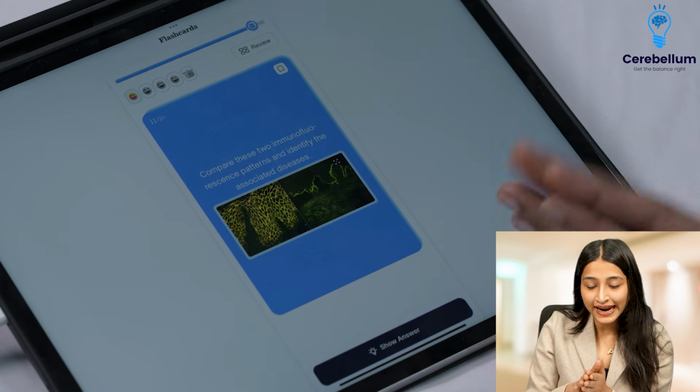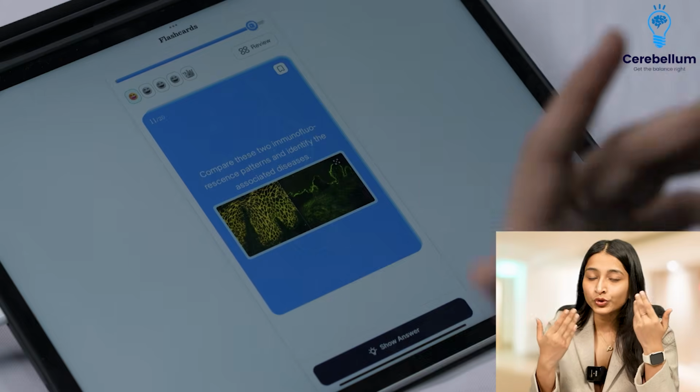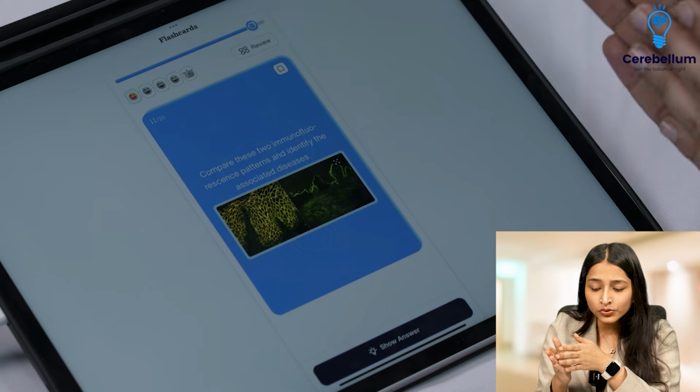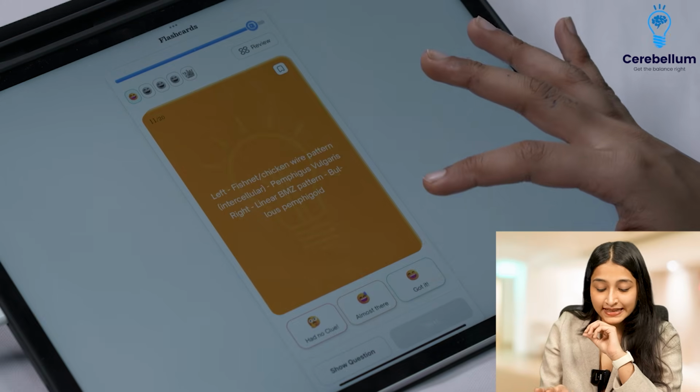Now as we move to the end, the flashcard which I've gotten just once correct will be shown to me again. So now I know that, okay, find the immunofluorescence pattern of pemphigus vulgaris and bullous pemphigoid.